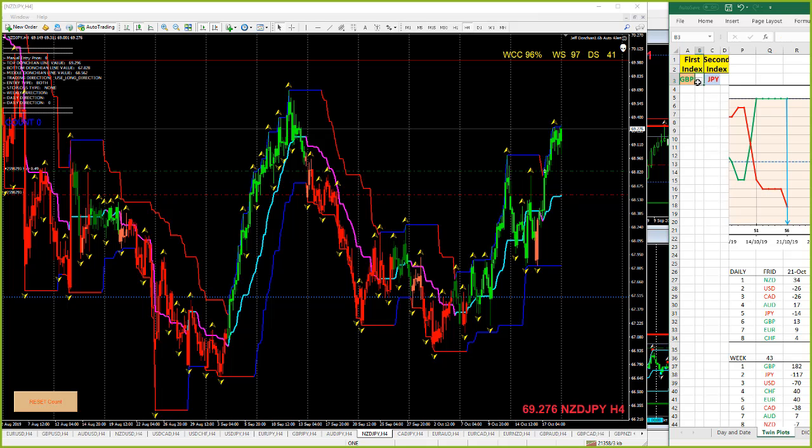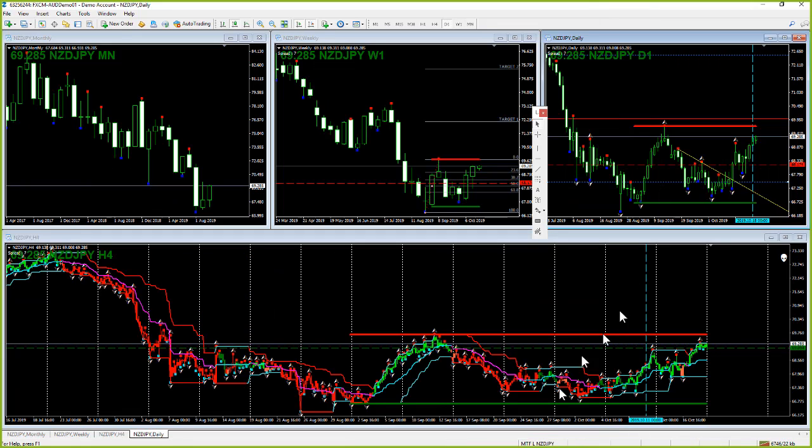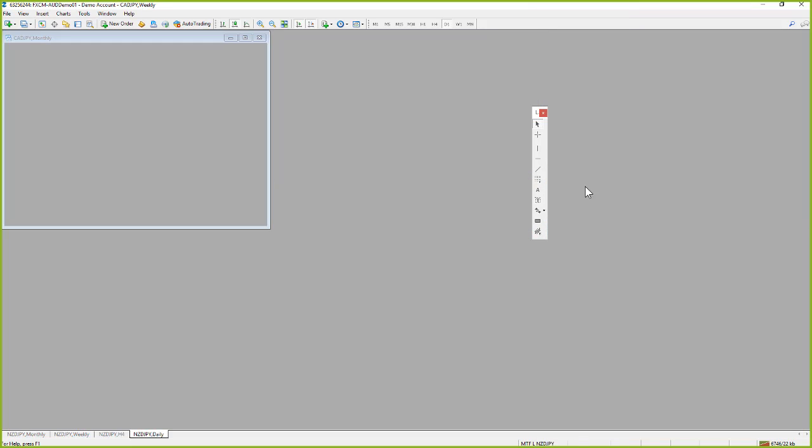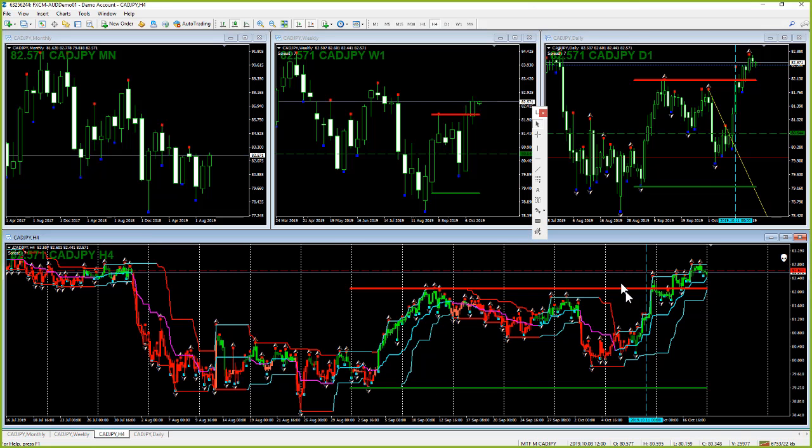Australia is strong, and New Zealand as well starts moving up at the moment. So we had last week a move up with the New Zealand yen. Then we got that Canadian yen.